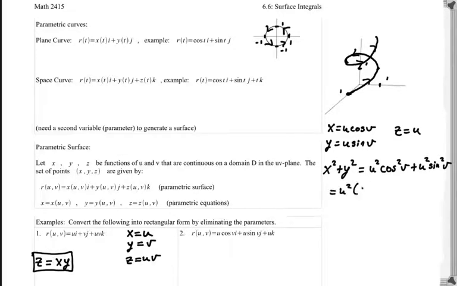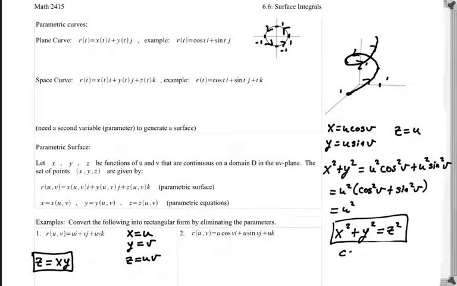It's going to be equal to u squared times cosine squared v plus sine squared v, which is your Pythagorean identity, and that's just going to be 1. So this is going to be u squared times 1. So then x squared plus y squared is equal to u squared, which u is equal to z. So we have x squared plus y squared is equal to z squared. And that's a cone, and that's going to open up along the z-axis.